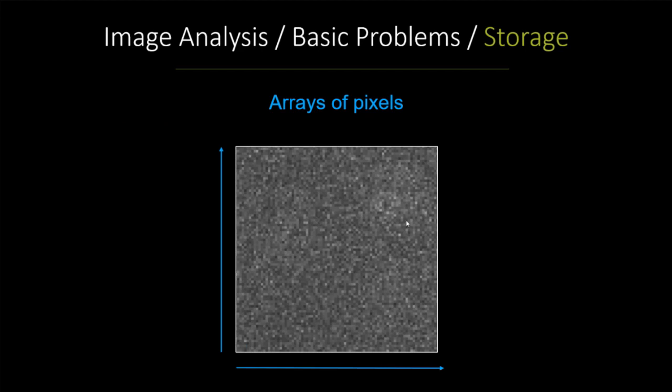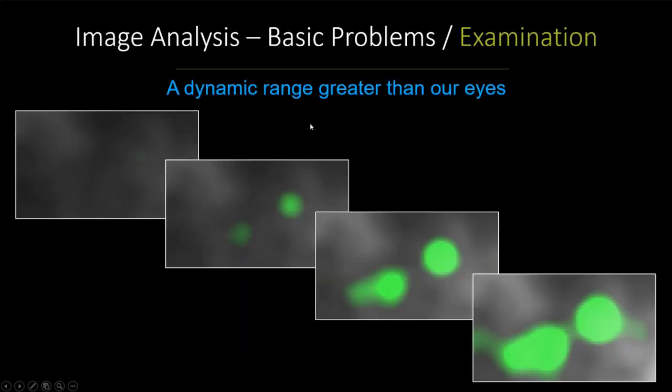And in addition, these imaging instruments are very good at detecting very subtle changes in the intensity of these objects, which means typically they have a dynamic range that's better than the range of our eyes. Our eyes are very good at distinguishing many, many colors, but our eyes are not as good as these instruments at detecting these very subtle differences in intensity.